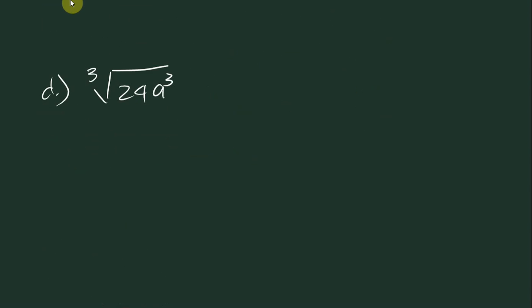Okay, we have another cube root here, and as you can see, we already know the factors of this, so we can write this as the cube root of 2 cubed multiplied by 3 multiplied by a cube.